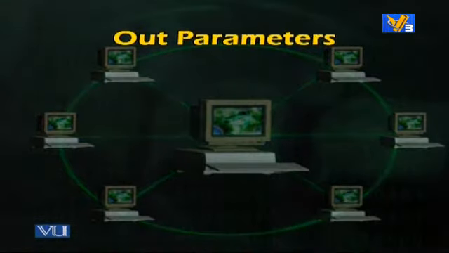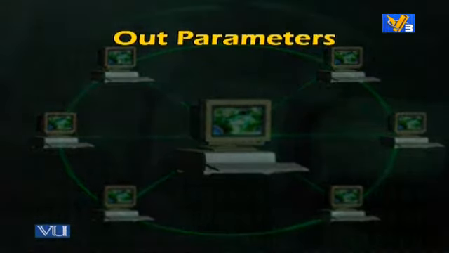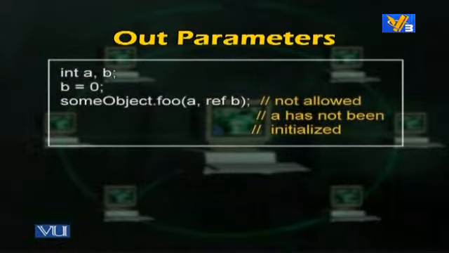سو اس کیس میں what you do is we have out parameters. Here is this example. We have int a comma b, so we have two variables a and b. We say b is equal to 0. We have initialized this b to be equal to 0.